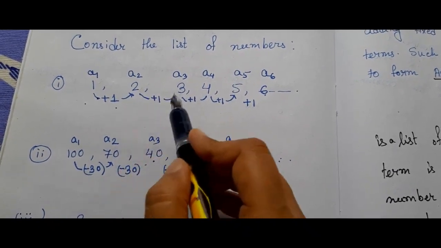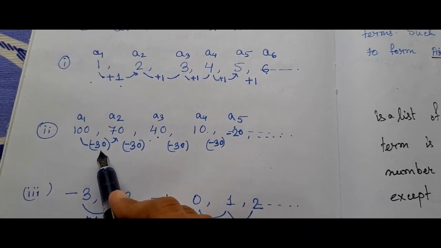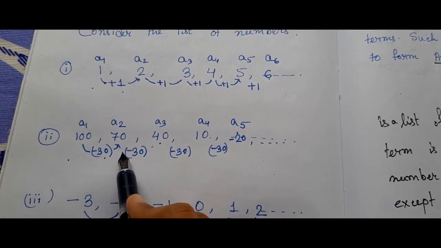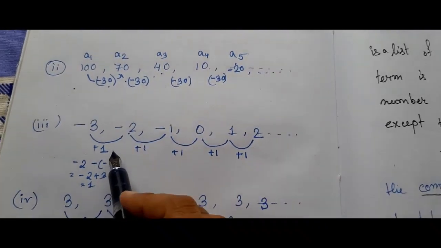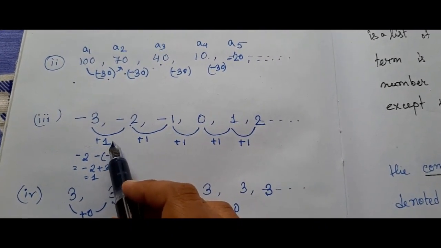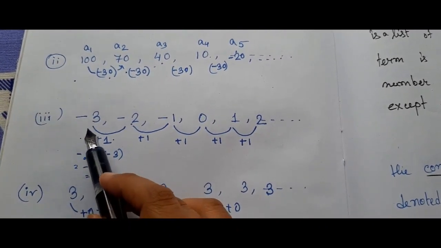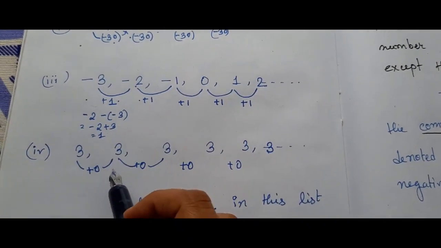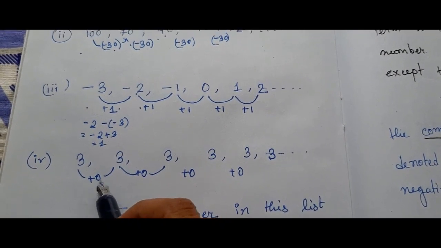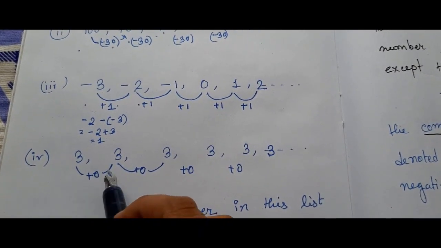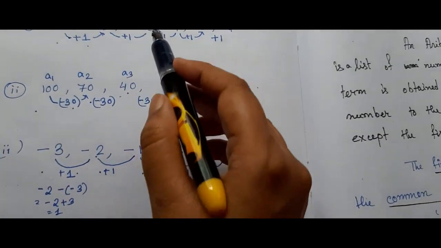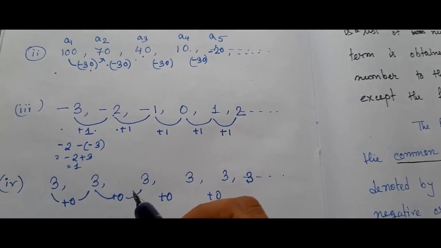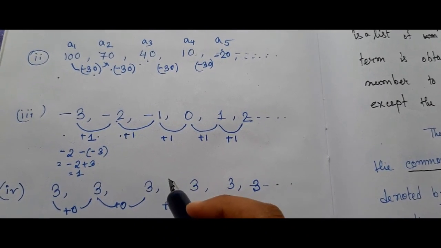Similarly, here if I add minus 30 to the preceding term, I get the successive term 70. Here if I add the fixed number 1 to the preceding term, I get the successive term minus 2. Similarly, if I add the fixed number 0 to the preceding term, I get the successive term. So these are examples of an AP sequence, or arithmetic progression.